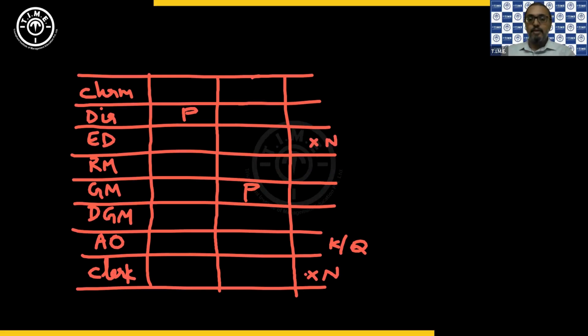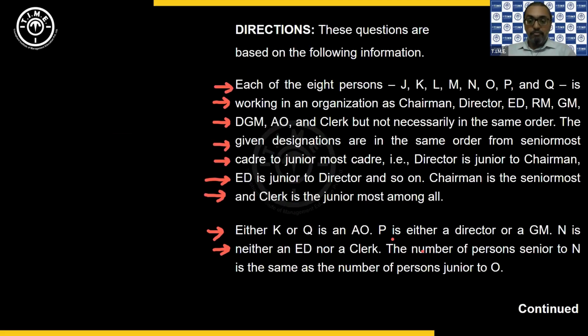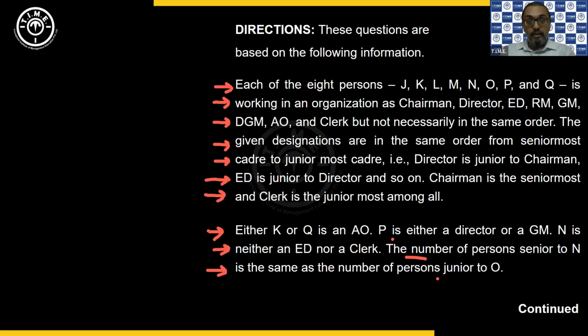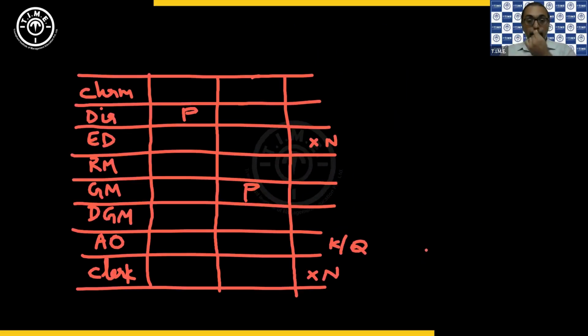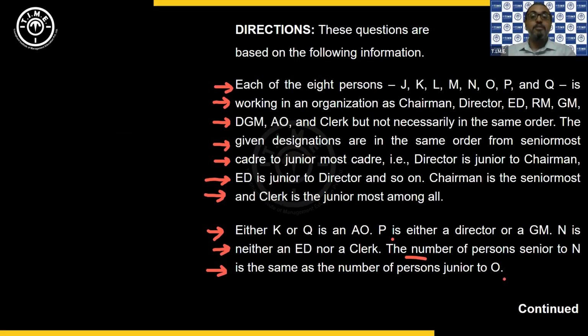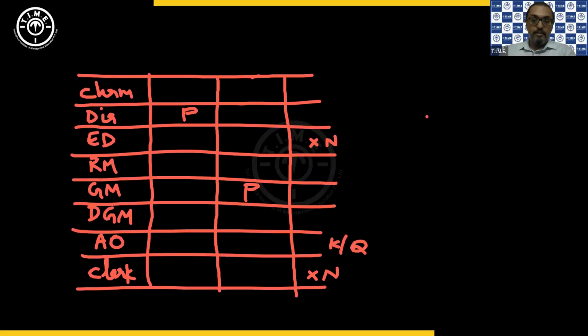Then we have the number of persons senior to N is same as number of persons junior to O. So senior to N should be same as junior to O. So N and O will have to occupy the same positions from opposite ends. That is what he means.